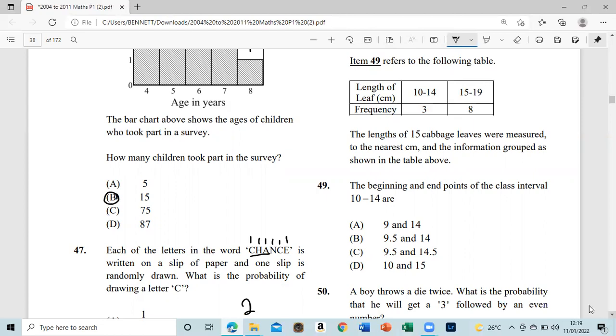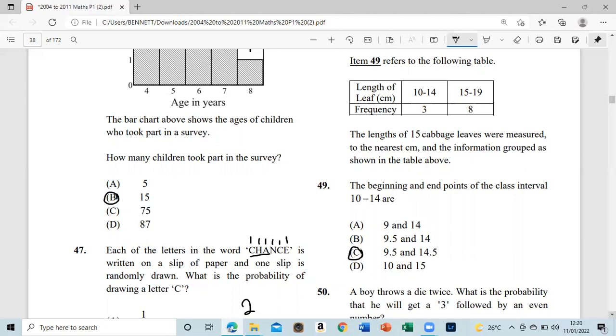To find the class interval, we subtract 0.5 from this and we add 0.5 on this one. So it will be 9.5 and 14.5. Hope you guys got that.